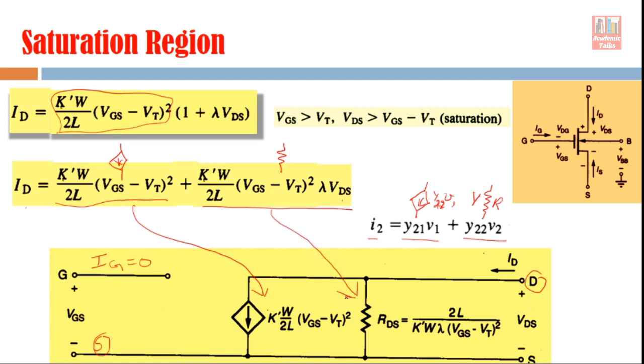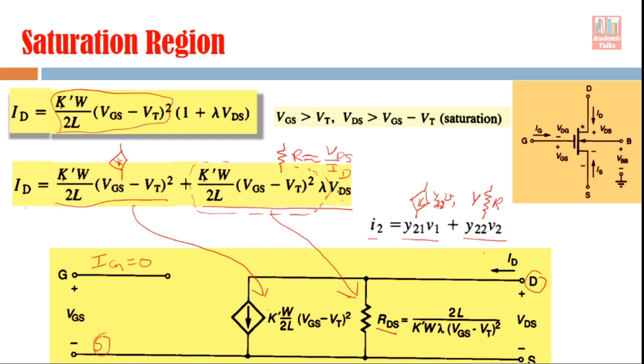Now the second component is represented in the form of resistance. Resistance, you know, is always V by I, and V here is VDS and I here is ID. So ignoring the first component, if you find VDS by ID, the whole this part will move to the other side of the equation.